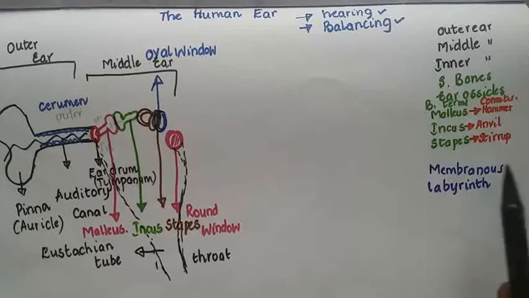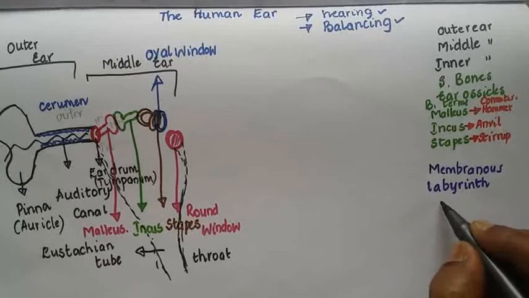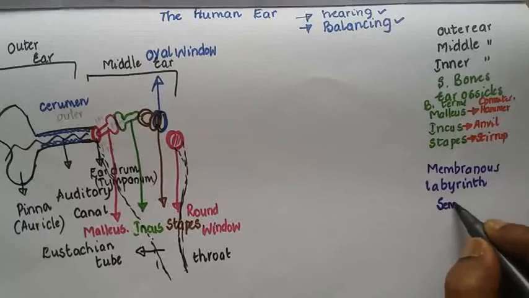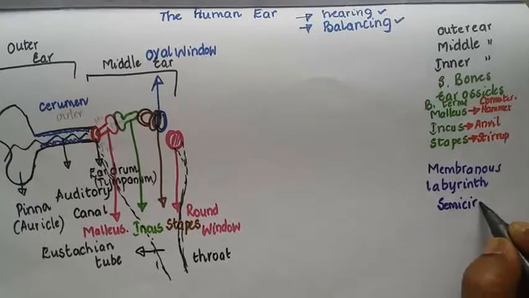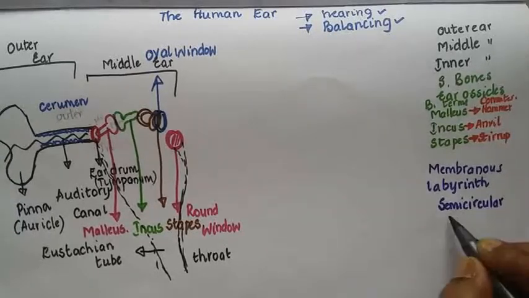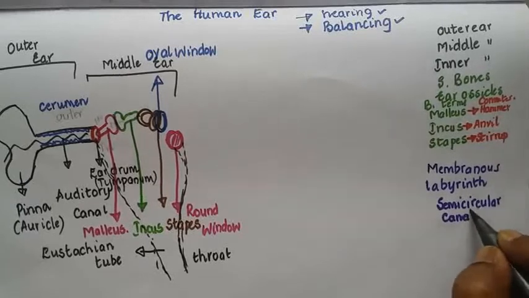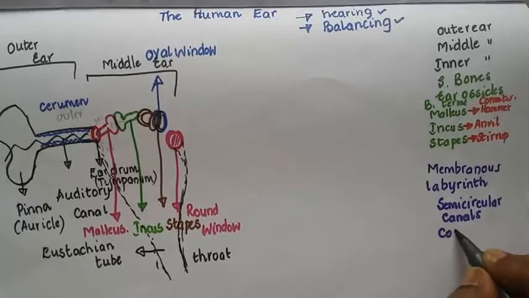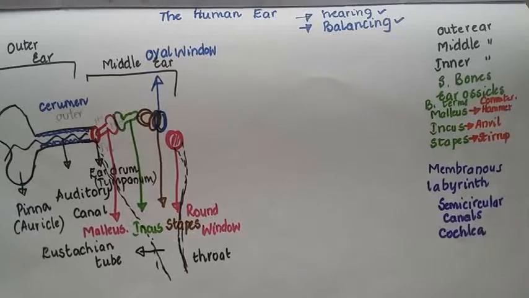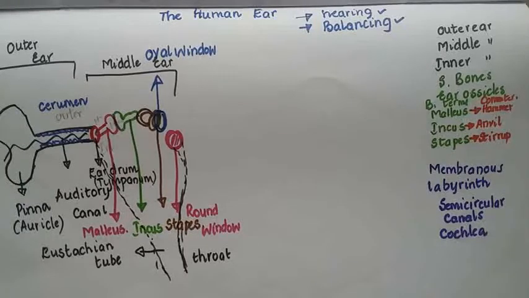Thus the membranous labyrinth comprises two main parts. What are those two main parts? It comprises two structures known as the semicircular canals, followed by the cochlea.